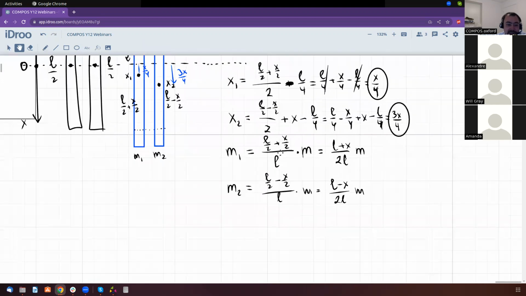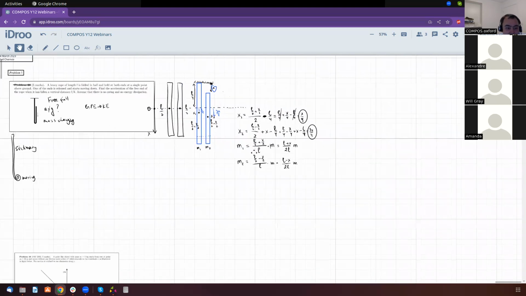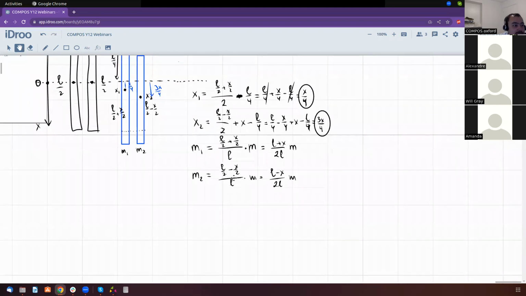And finally, we can find the center of mass of the rope. The center of mass, as you already know, is M1x1 plus M2x2 divided by the total, M1 plus M2.